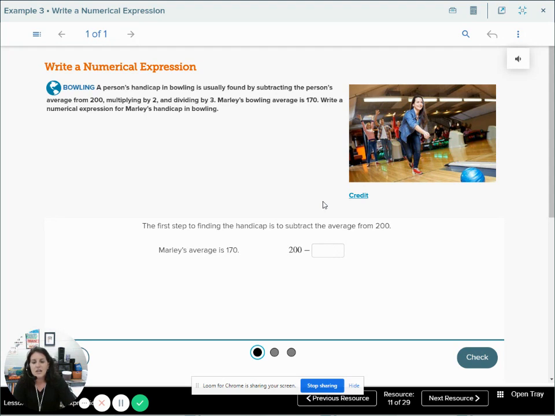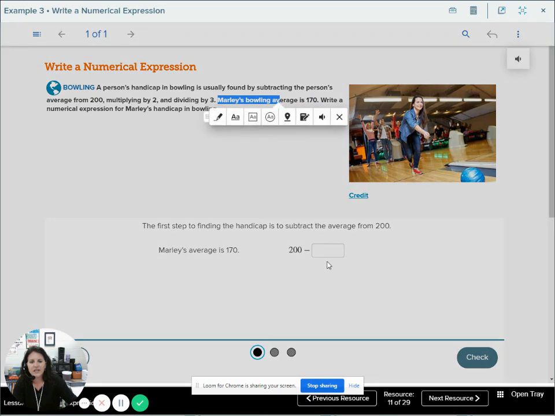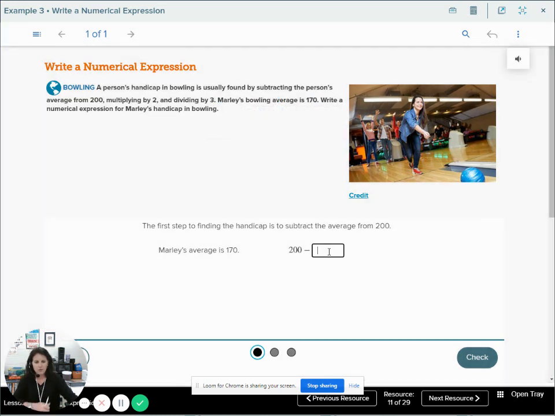So it says that the first step to finding the handicap is to subtract the average from 200. Well, it tells us in the problem Marley's bowling average is 170. So I'm going to come down here and I'm going to type in that 170 and I check it and it's going to take me then to the next part.